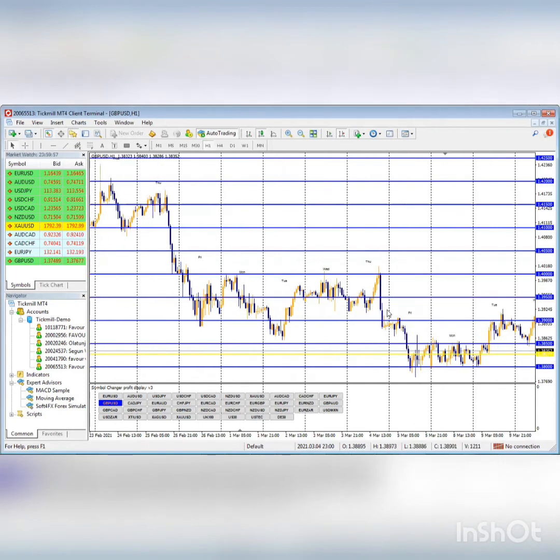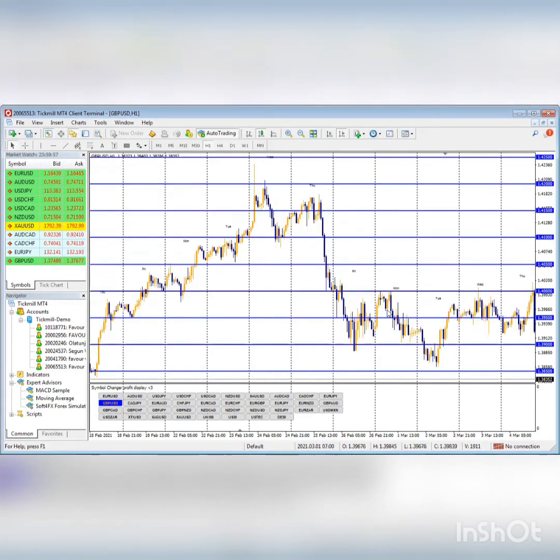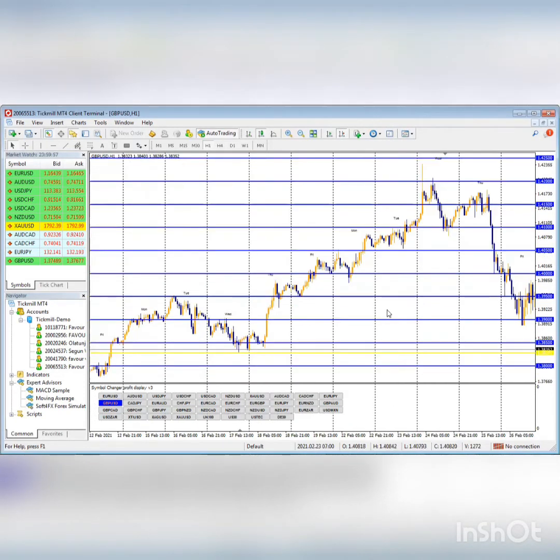So let's just look for a market that is trending. Guys, just take a look at this. This is an uptrend, right? It was creating a series of higher highs and higher lows. So we had something like this.